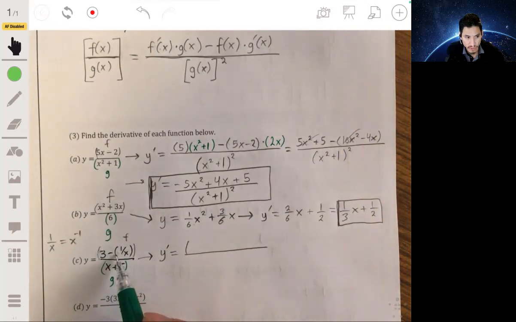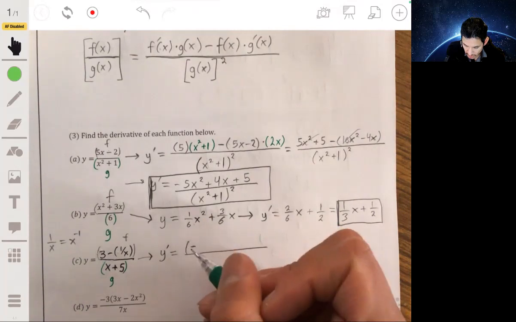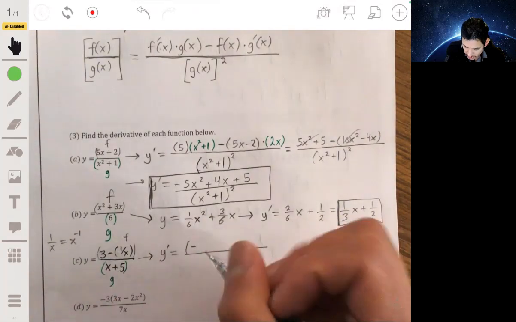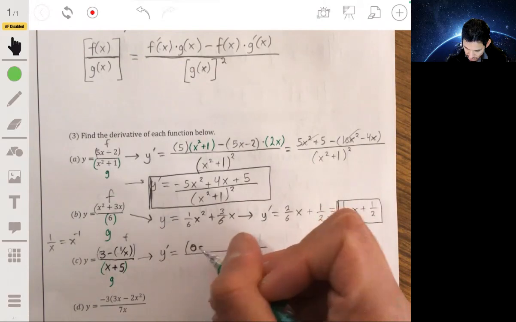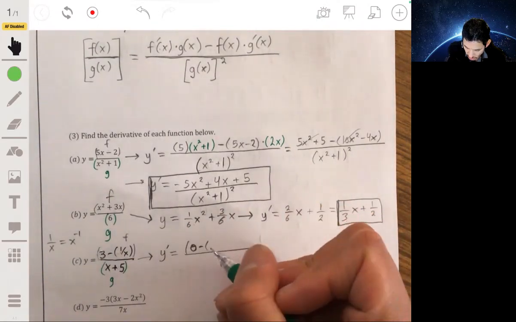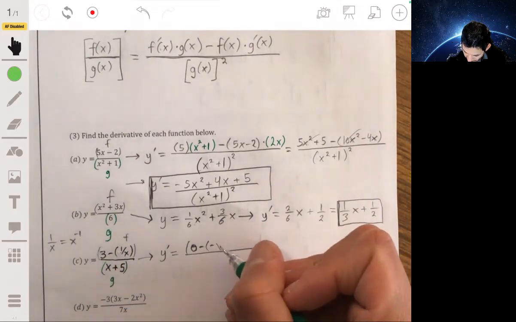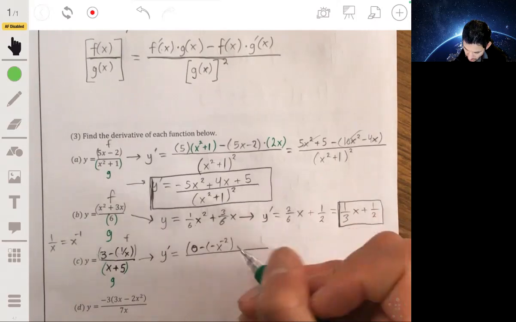So the derivative of negative 1x, let's keep that negative here because it's 0 minus. Let me just write the 0 actually so we don't get confused. So 0 minus the derivative of x to the negative 1. So 0 minus a negative x to the negative 2 there.